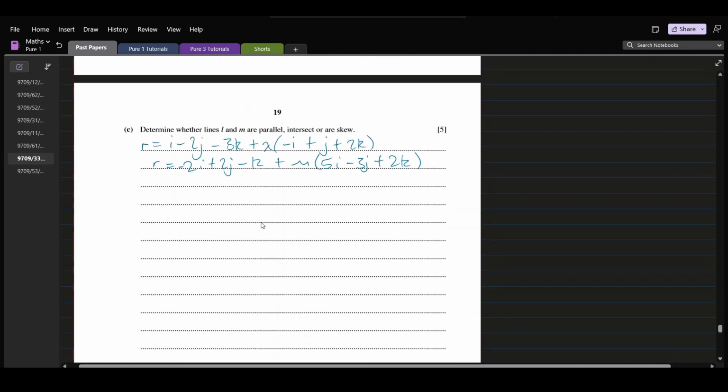Right, if these vector equations are parallel to each other, then their directions should be scalar multiples.